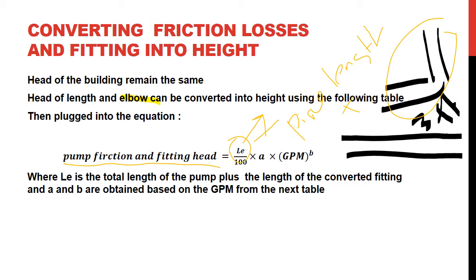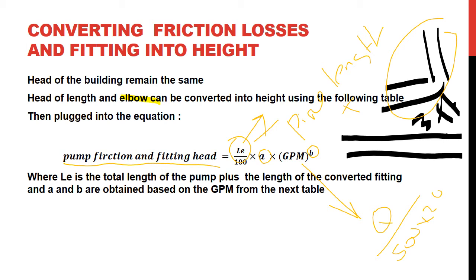So this is the complete length of the pipe and the complete total of elbows converted into length. A and B are coefficients that we'll get from the table, and GPM we already calculated, which is, we said, Q over 500 times 20.